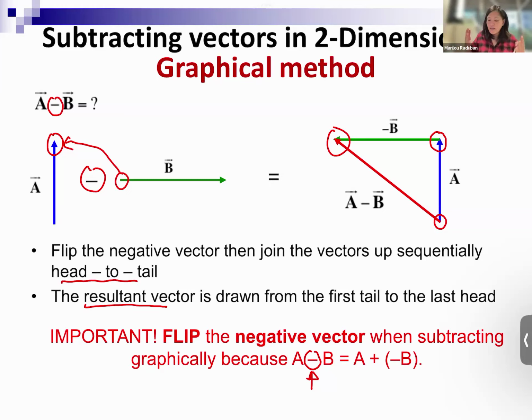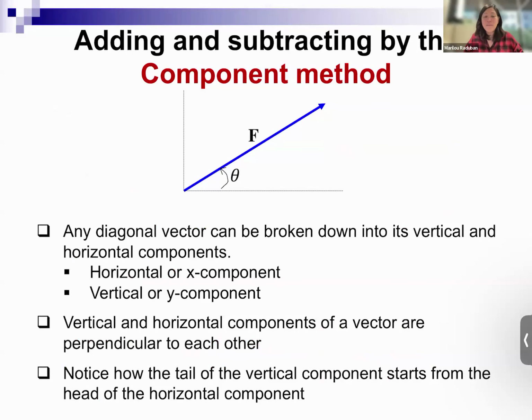So I think it's sufficient to know how to draw the vectors graphically and how to get the resultant vector graphically, but in practice, a more practical method of adding and subtracting vectors is using the component method. In the next lecture, I will teach you how to add and subtract vectors using the component method.